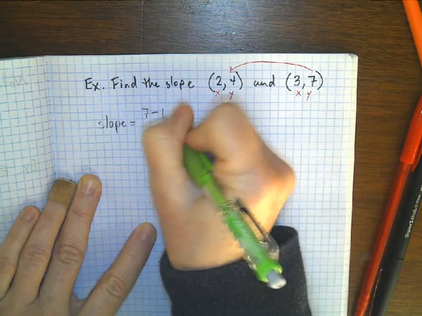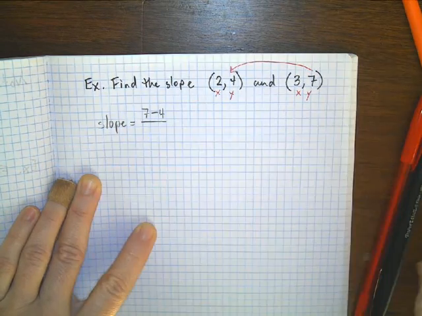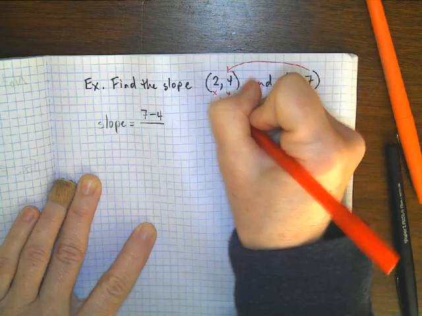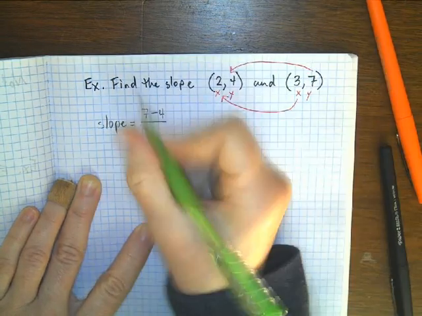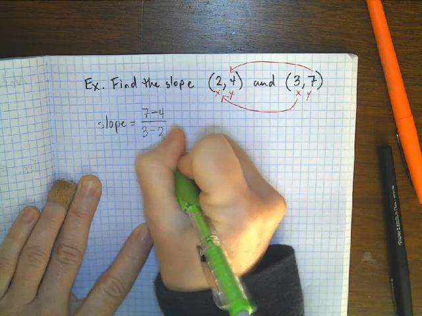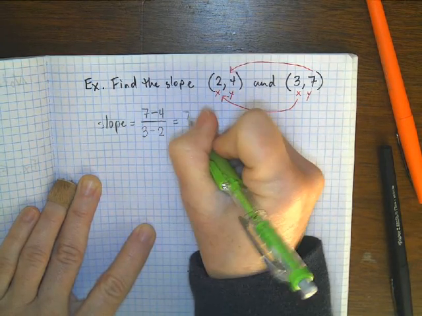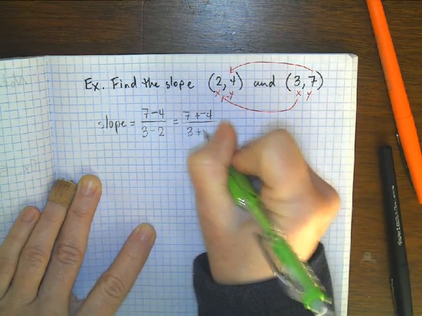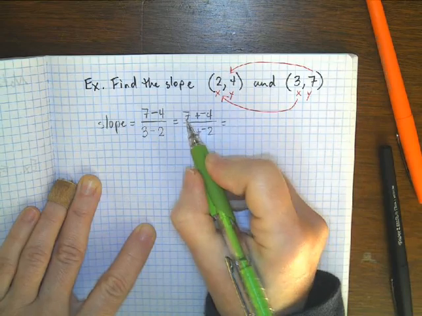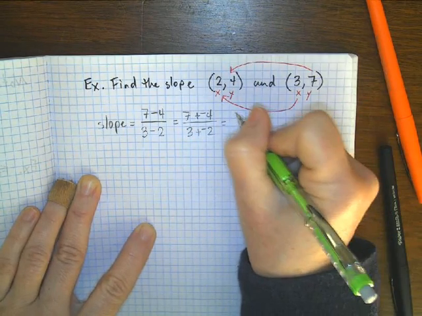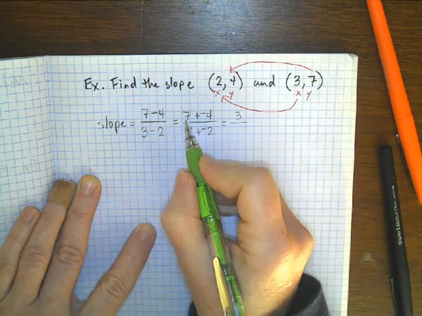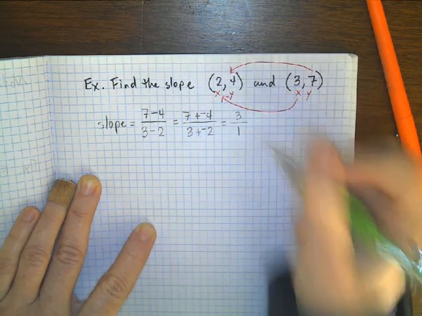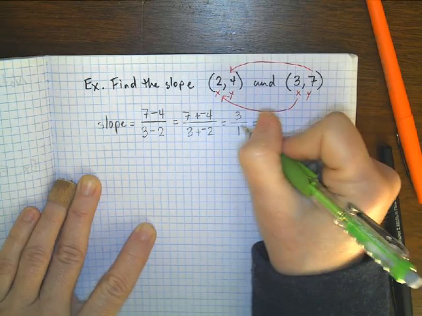And then on the bottom, my x numbers, 3 minus 2. I'm going to rewrite 7 plus negative 4, 3 plus negative 2. 7 plus negative 4 is positive 3 because I have more positives than negatives. And 3 plus negative 2 is 1. Oh, and I can divide that. 3 divided by 1 is 3.